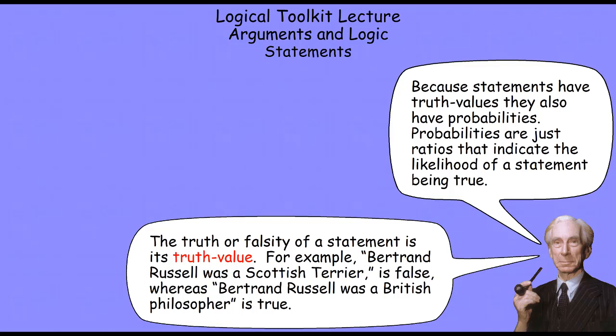However, 7 times out of 10, when it's been like this the day before, it will rain the next day. So it is 0.7 likely. 70% of the time, it will be true that it'll rain tomorrow. So probabilities are just estimates of truth values that we don't have definitive answers about.